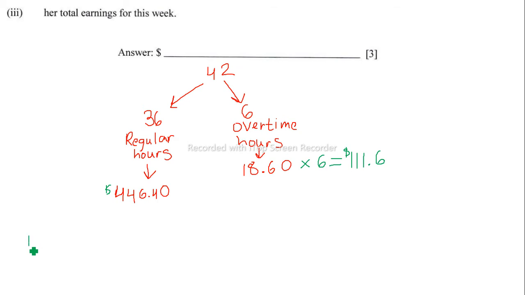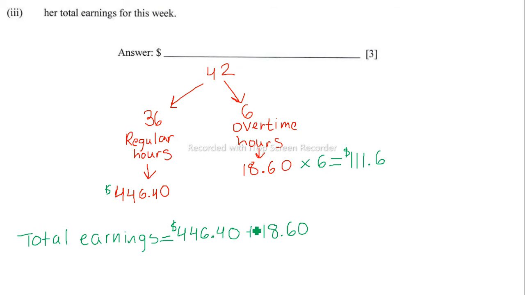Okay, so what is total earnings? It's going to be the amount that she got for regular hours, which is $446.40, plus the overtime pay, $111.60, not $18.60.